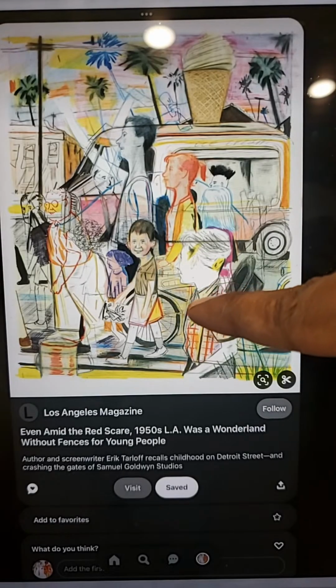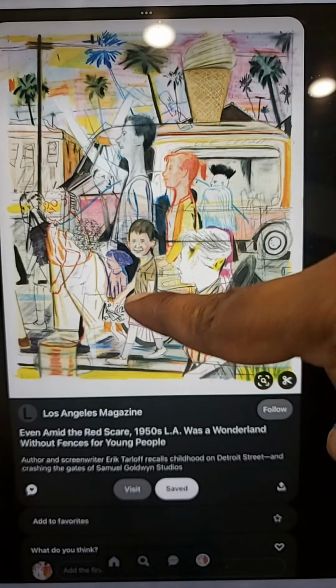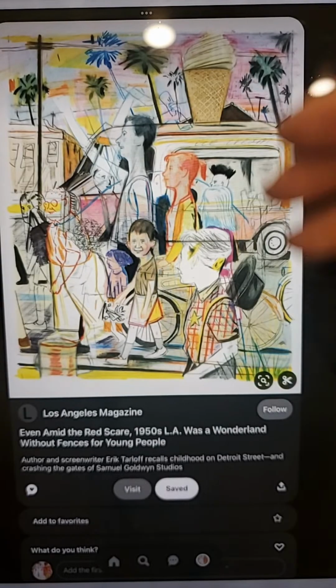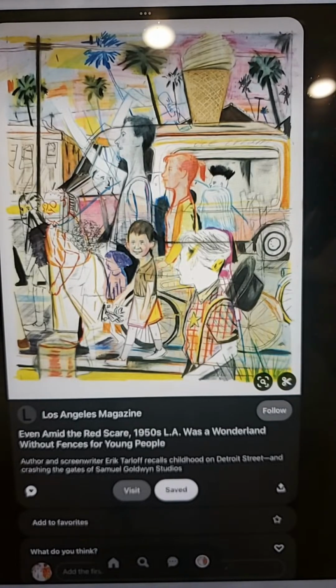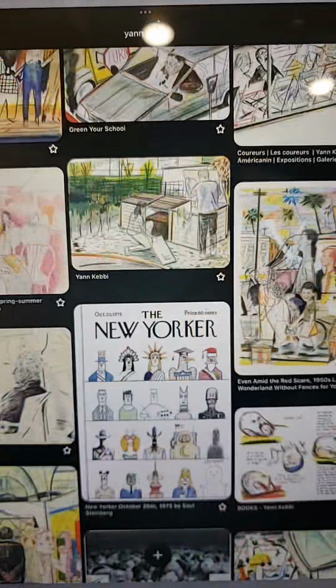There are people that have larger heads on smaller bodies. So again, very visually interesting. There's a lot going on here. I feel like in his images, you want to look at everything. You want to come up close and see what he has going on.